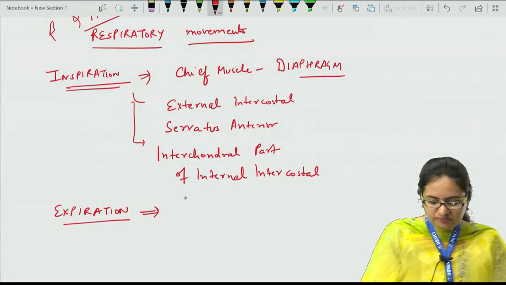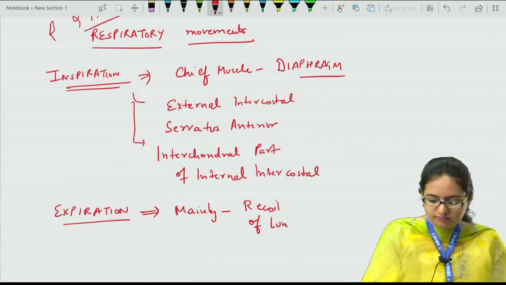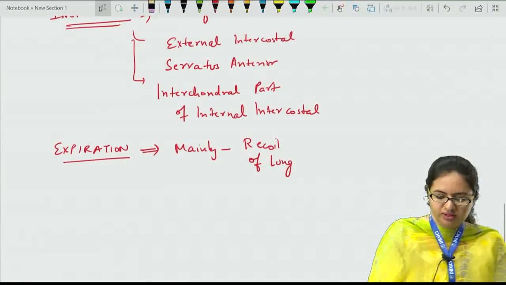The expiration process is mainly due to the recoil of the lungs.